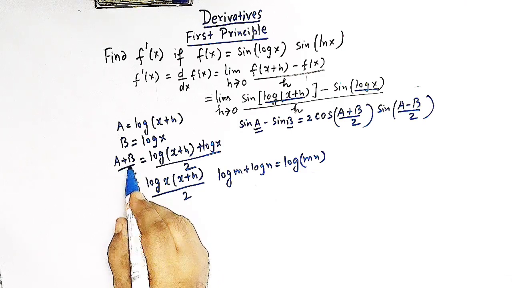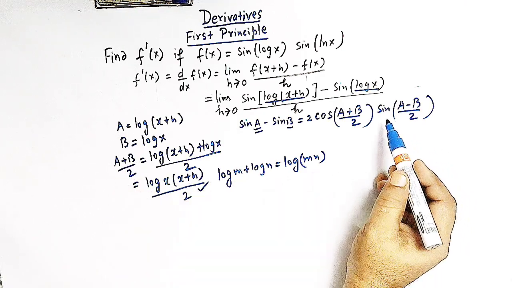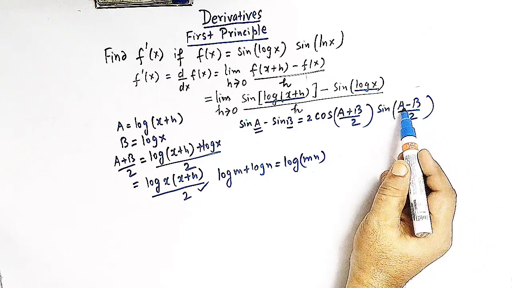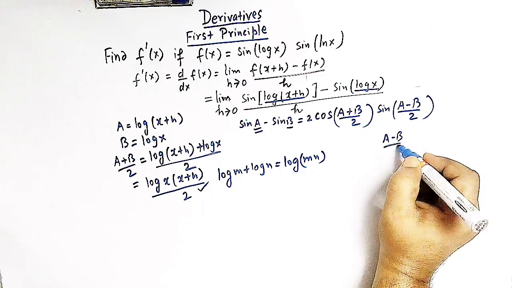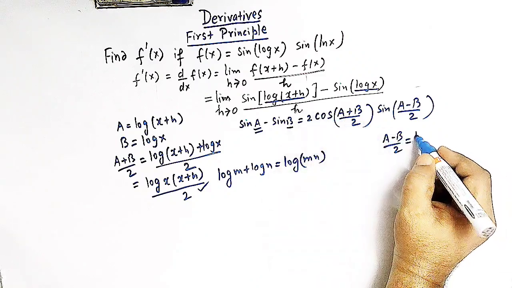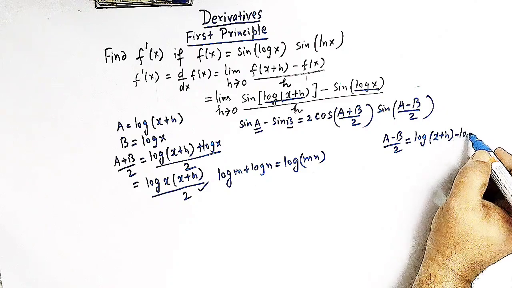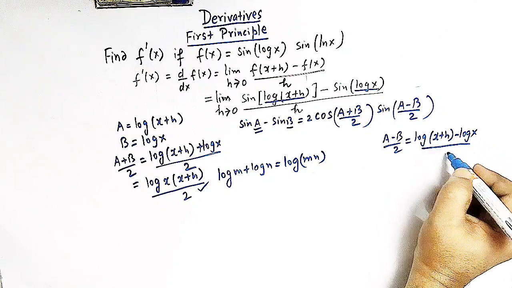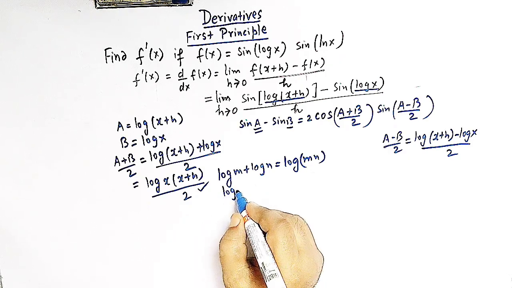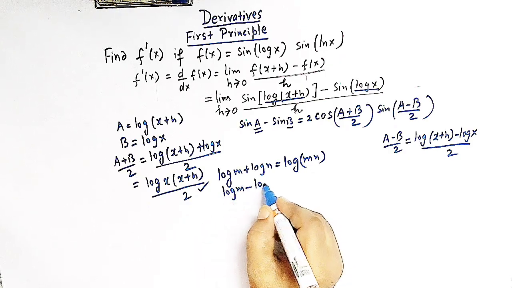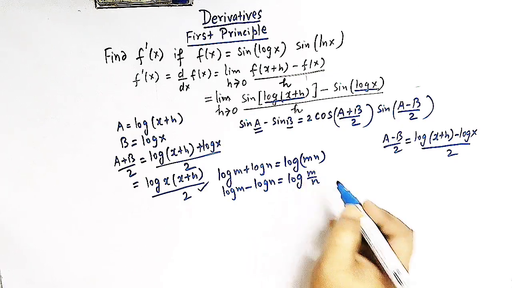So a plus b over 2 is given by this expression, and then we can find a minus b over 2. So a minus b over 2 is given by log of x plus h minus log of x divided by 2. Here we can use the property of log that log m minus log n is given by log of m over n.